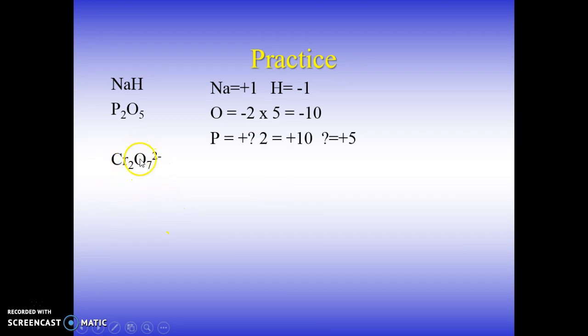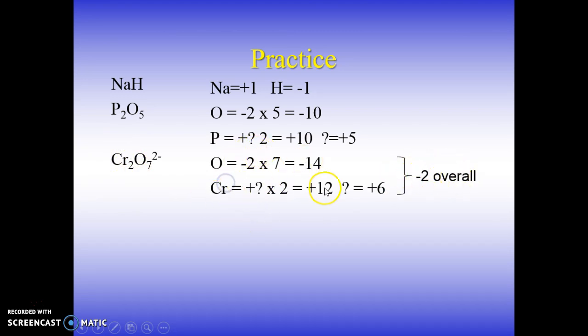Okay, so oxygen is -2, so that's -14. You have to have an overall charge of -2, so this must add up to +12. I'm sorry, +12. So -14 overall, you have to have -2, which means the chromium has to be a total of +12. So each chromium must be +6.